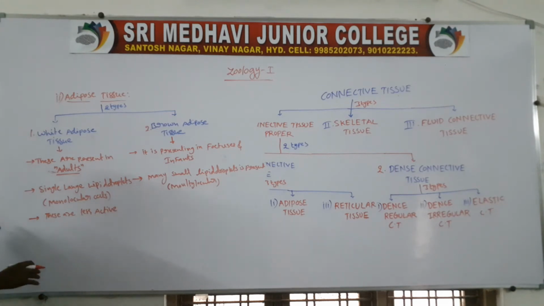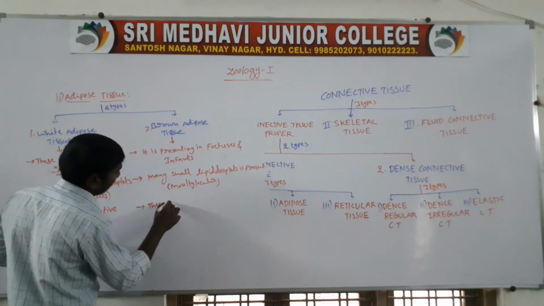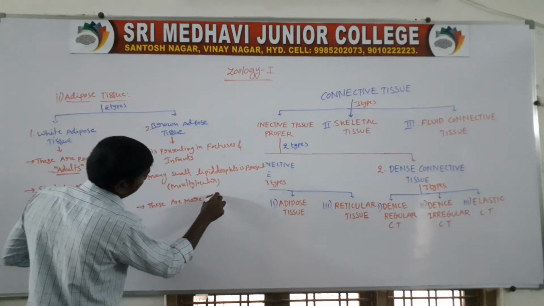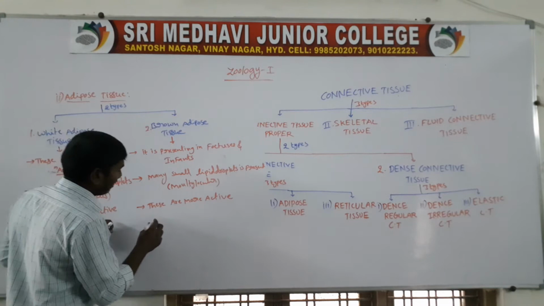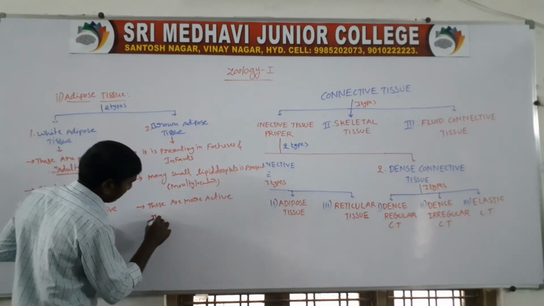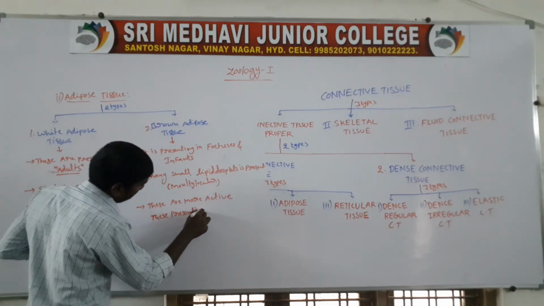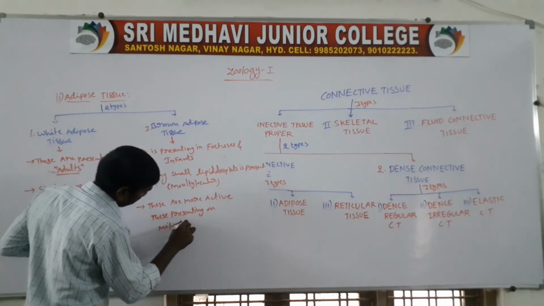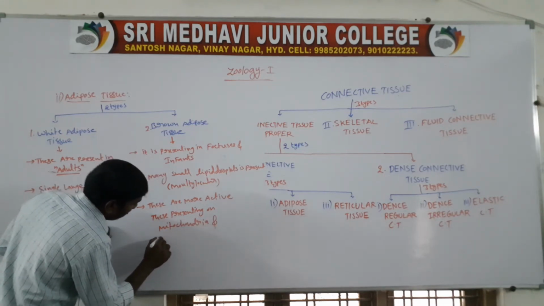Brown adipose tissue is more active, because it has more mitochondria and more blood vessels.